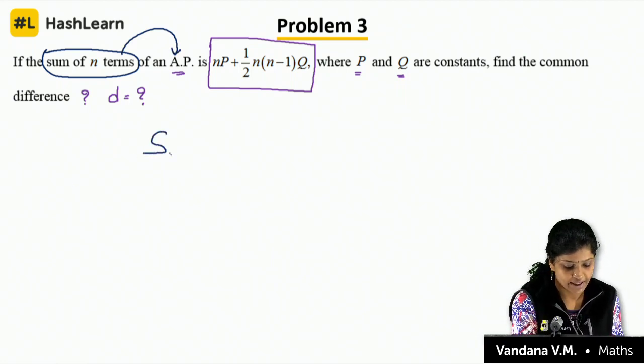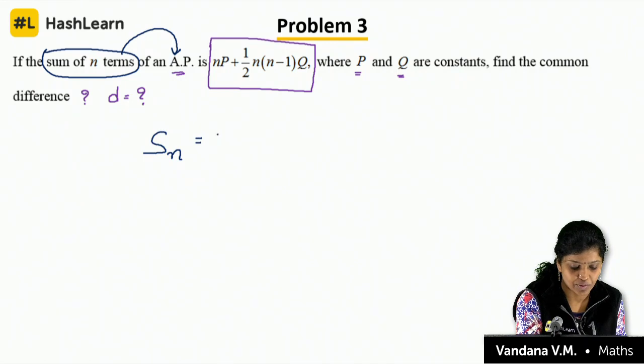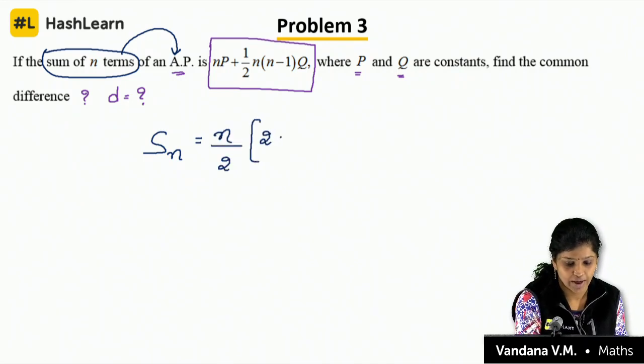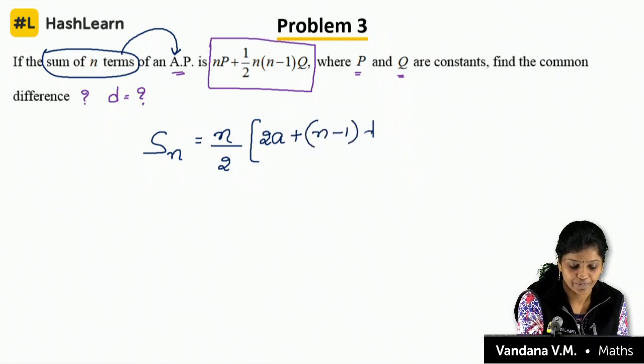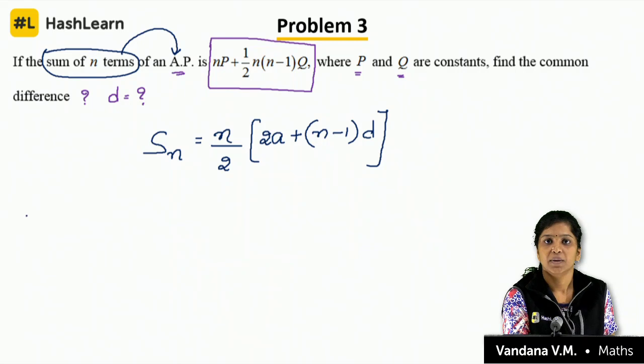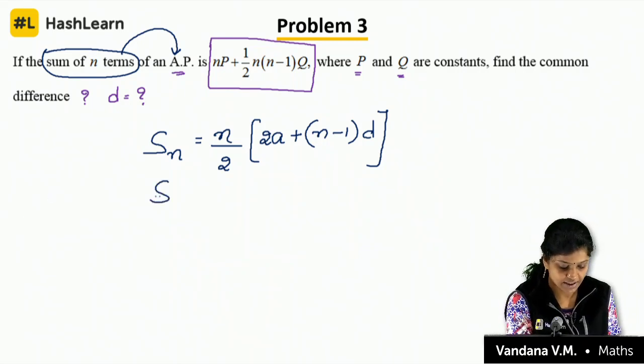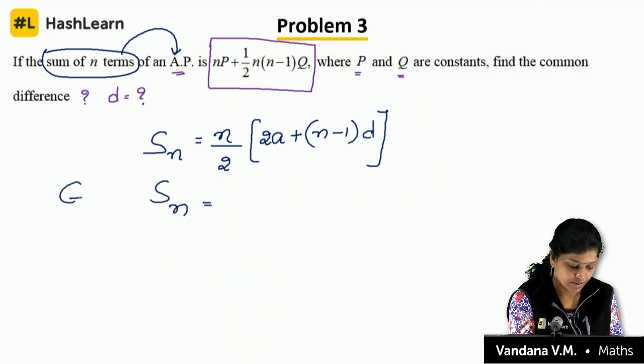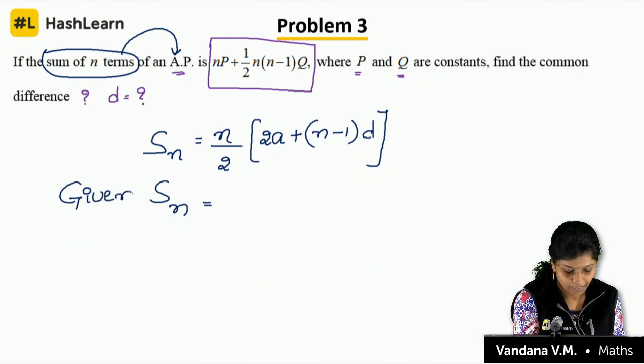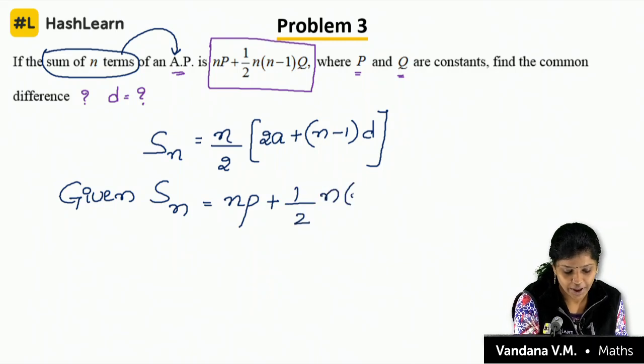Usually the formula is Sn is equal to n by 2 into 2a plus n minus 1 into d. But here they gave that Sn is equal to the given term. Sn is equal to np plus 1 by 2 n into n minus 1 into q.